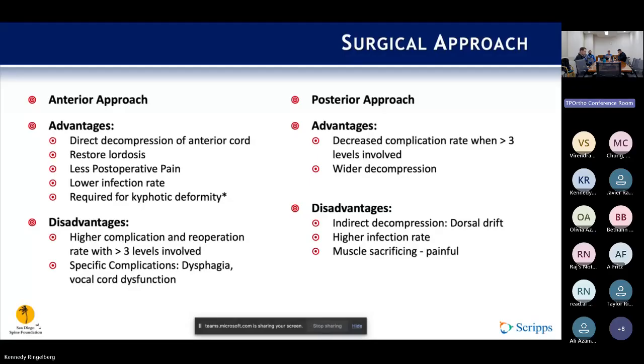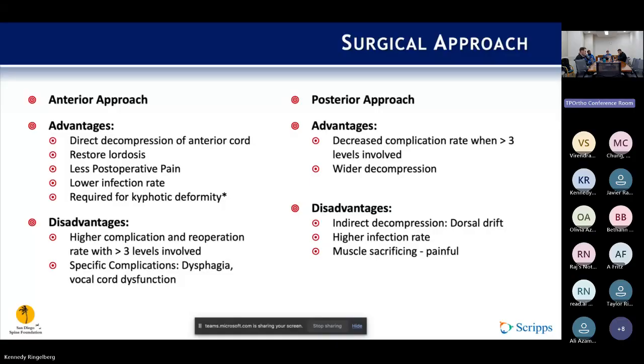So the first decision to make is whether to go anterior or posterior, and each has distinct advantages. Some advantages of going anterior is that you get direct decompression of the cord from the anterior elements. It is quoted as the best way to restore lordosis, typically associated with lower infection and less postoperative pain, and again is best for reversing any kyphotic deformity that a patient may have.